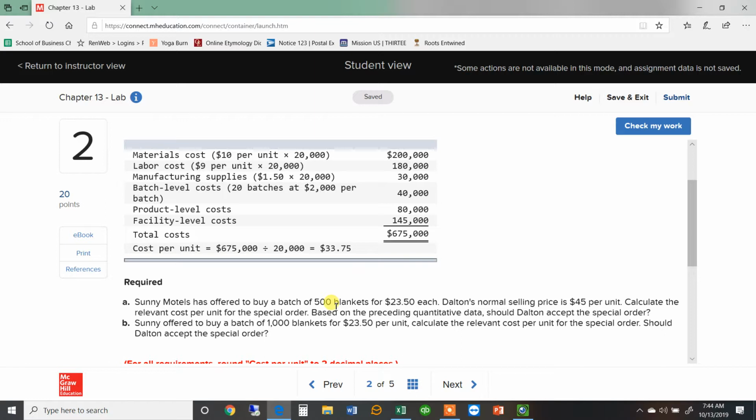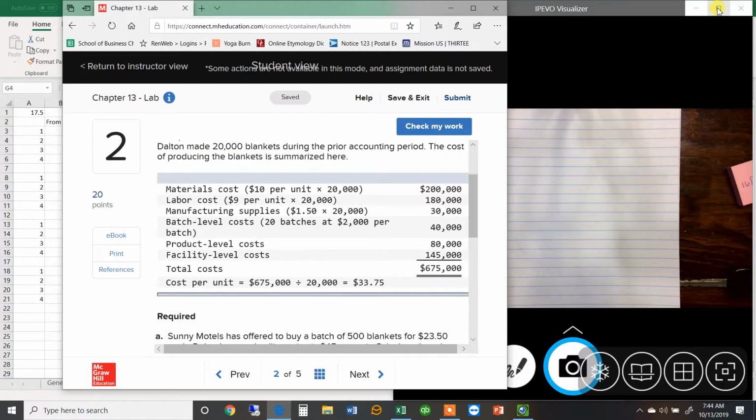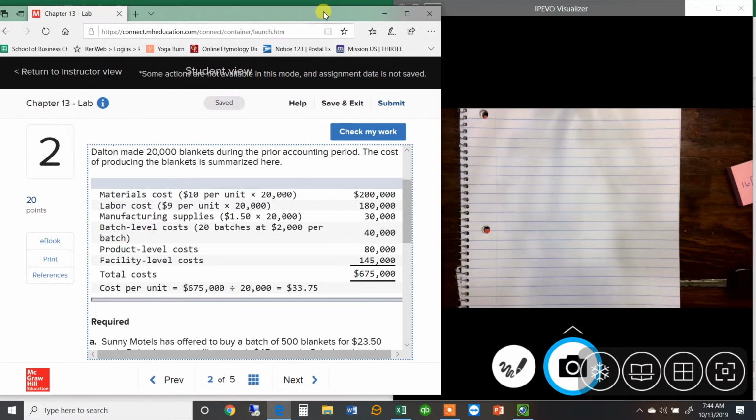Okay, so as I analyze these different costs up here, only 4 of these costs are avoidable for making one more blanket. And when I look up here, I'm going to go on ahead and show my document camera here. The materials cost is one such cost that would be avoidable.